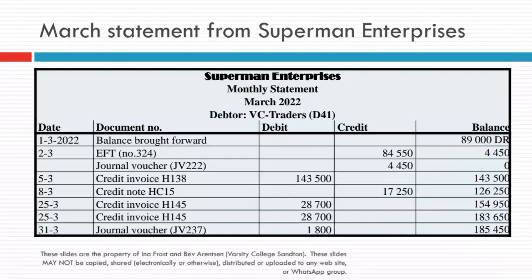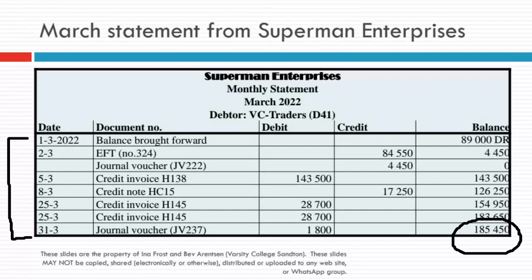But at the end of the month, they received a statement from Superman Enterprises. And as you can see here, they have also recorded from their perspective all the transactions that they have had with VC Traders during the month of March. But if we look down here, we see that they have a very different balance to what is shown by VC Traders.